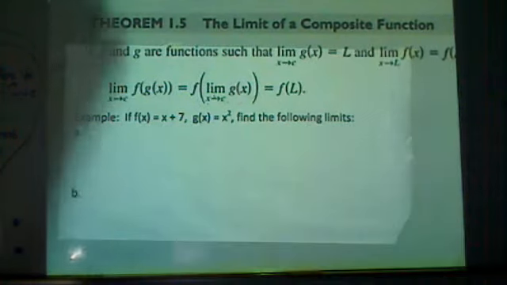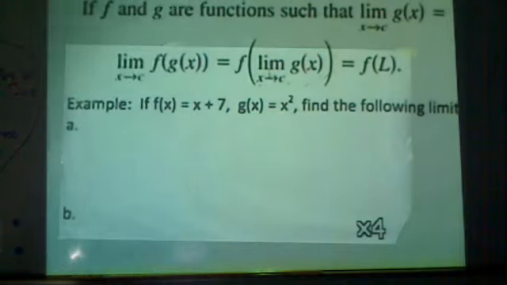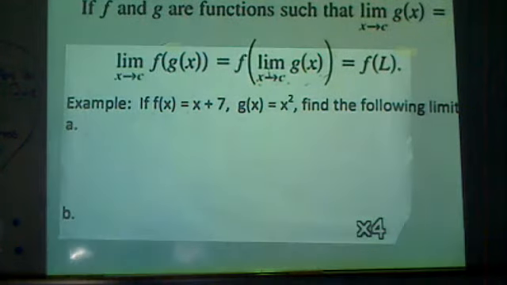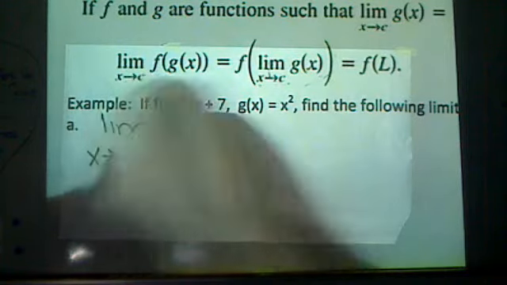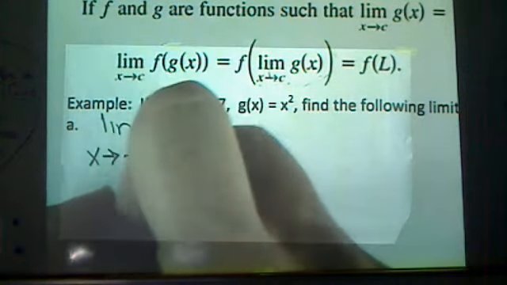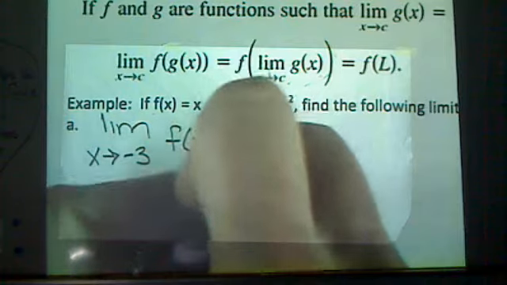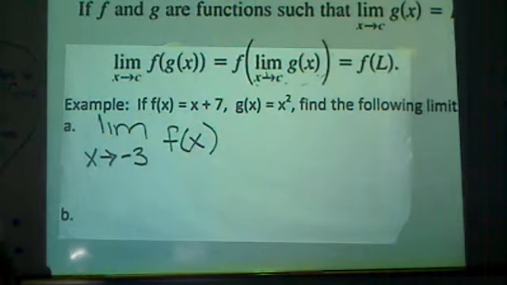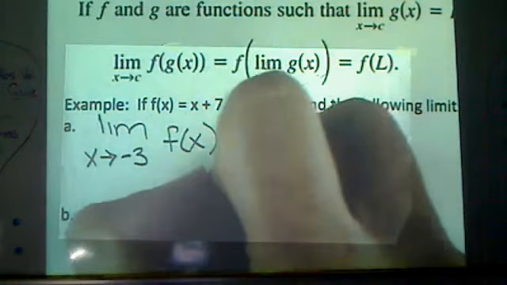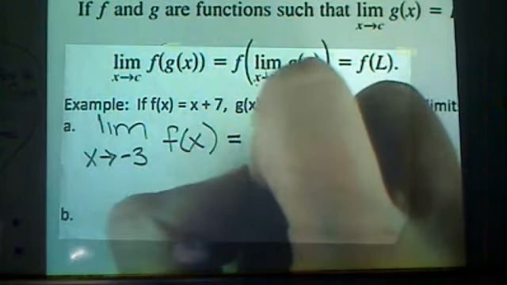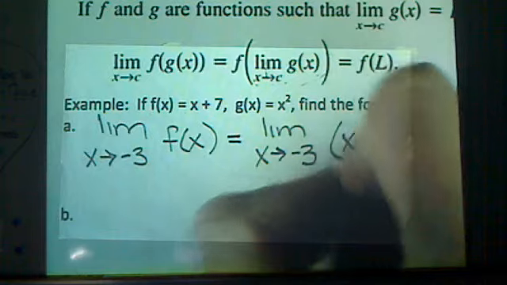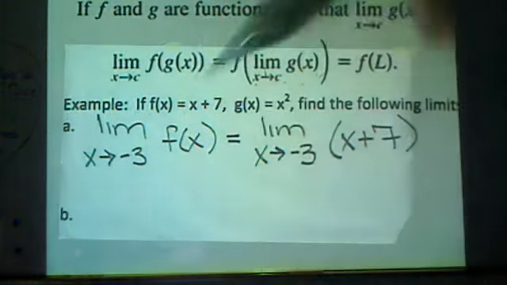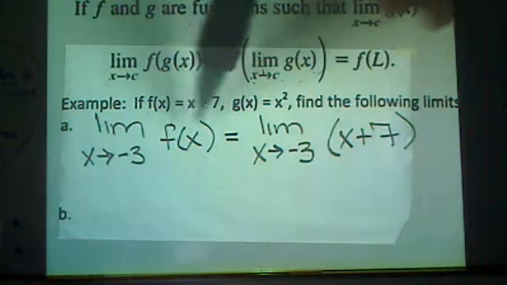If f of x equals x plus 7 and g of x equals x squared, then find the limit as x approaches negative 3 of f of x. To do this, we need to find the limit as x approaches negative 3 of x plus 7, because that is what f of x equals.